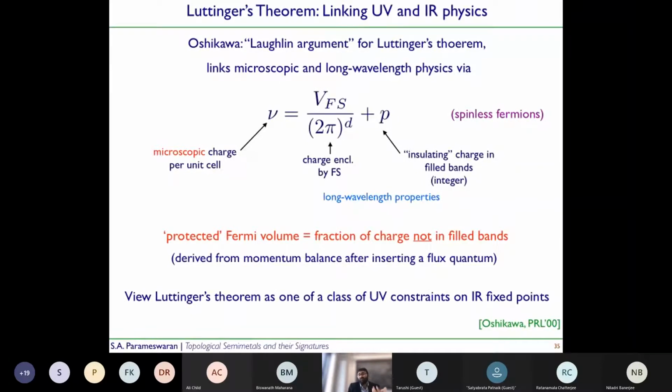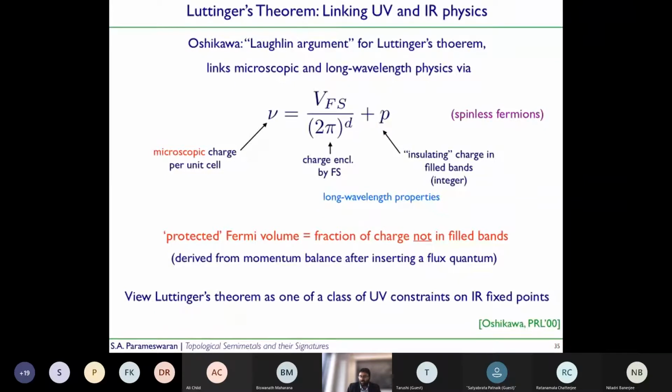And that can be related to the volume of the Fermi surface, because every quasi-particle has some momentum. So if the momentum of the ground state shifts, then in a Fermi liquid, if every quasi-particle changes its momentum, the whole Fermi volume moves, and so you can count the Fermi volume in terms of the microscopic momentum, and that's linked to the charge per unit cell.